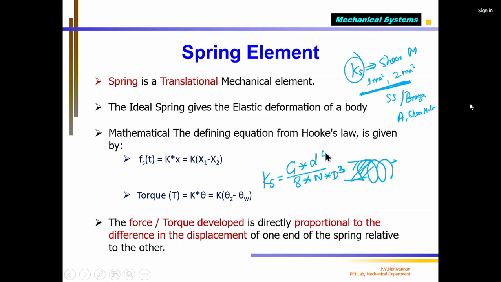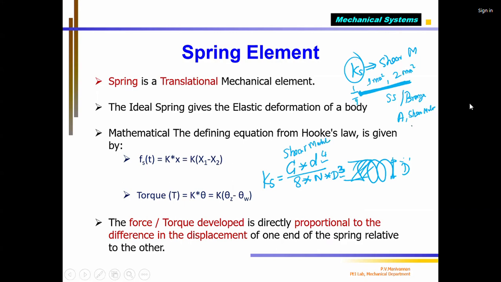The small d is the diameter of the wire. I told you it is a solid cylindrical wire; it has a diameter, and that wire diameter is the small d. The capital D is the diameter of the spring coil you made. This is capital D, and this is small d, and G is the shear modulus of the material.